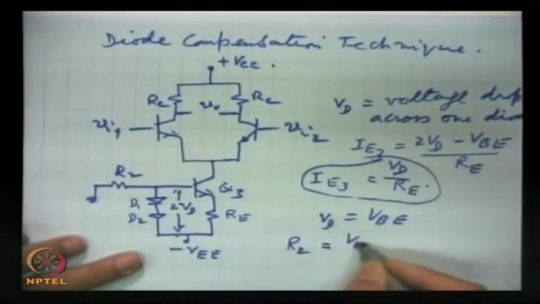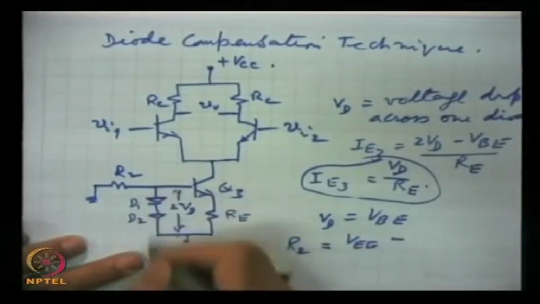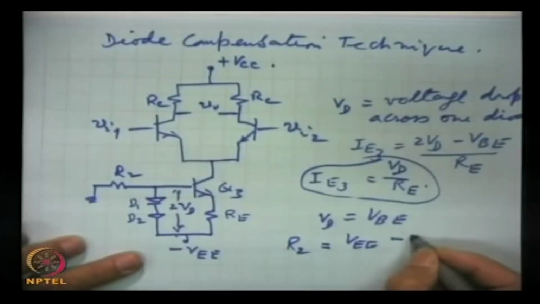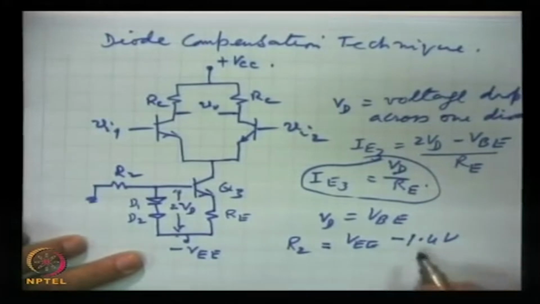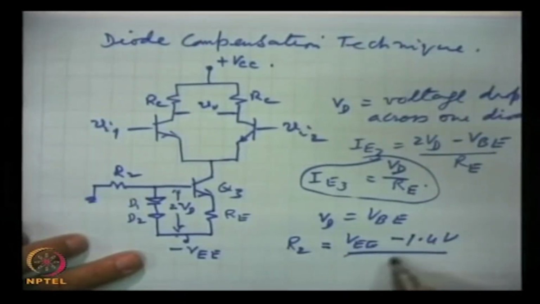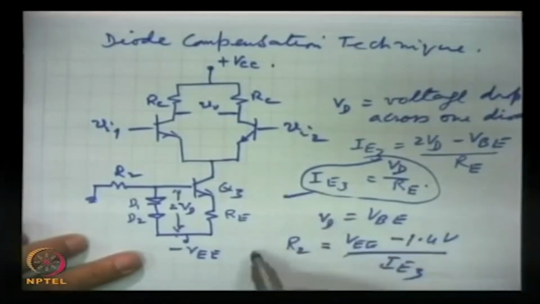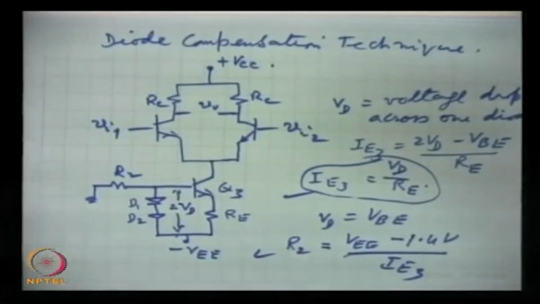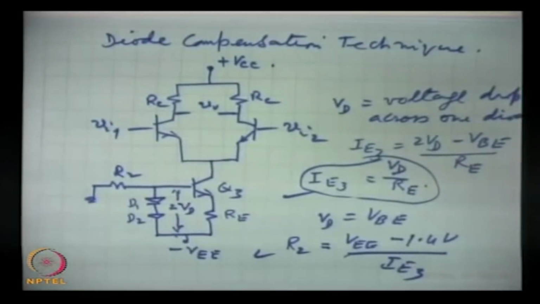This is VEE minus the voltage, which is normally 1.4 volts, divided by IE3. IE3 is here, so this resistance can be calculated, and this normally comes in the range of 100 to 100 ohms.